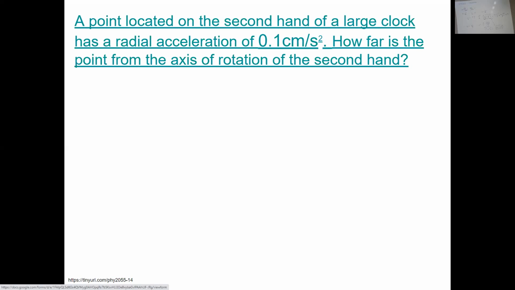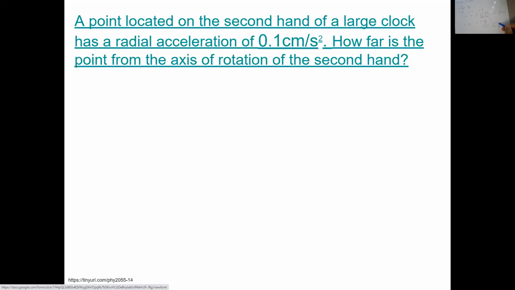So you are given acceleration, and you are looking for the radius. Because you are given the centripetal acceleration and you are looking for R, you'll either have to know the speed of it or the angular speed of it.